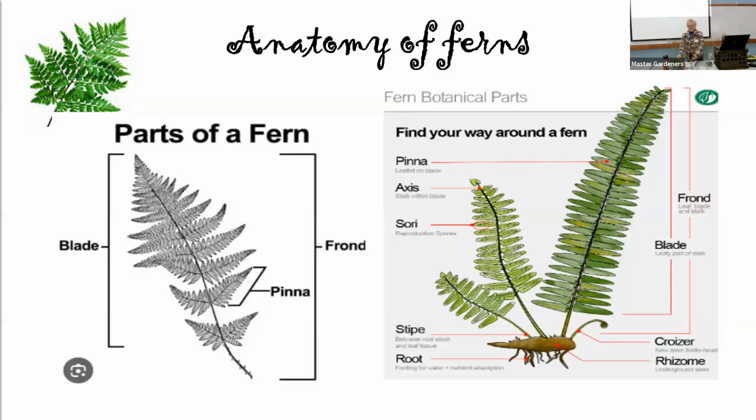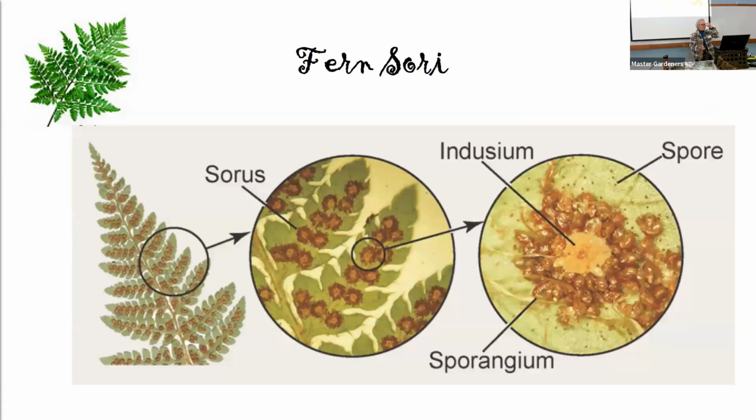But you need to know that that is another way you can identify the fern. Here's a slide that shows the spores. Like I said, they can be different shapes, different colors, different locations, even on the pinna. Sometimes that will help you identify ferns.